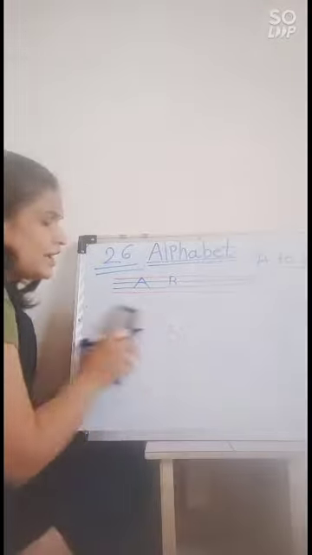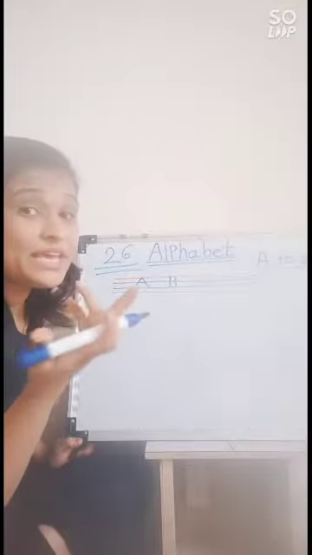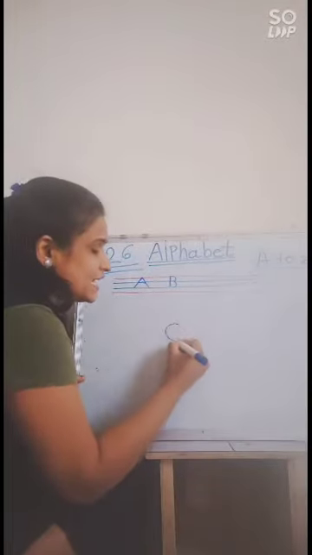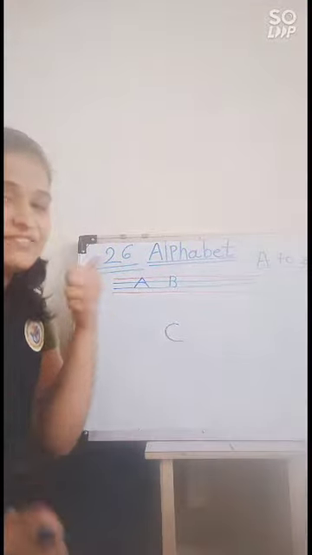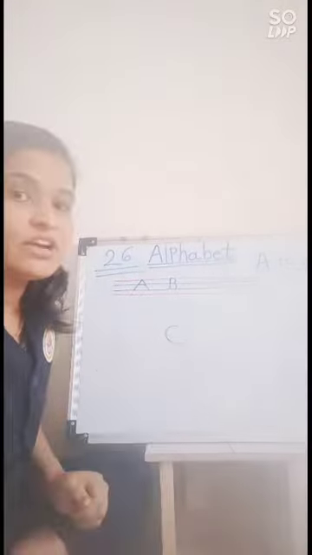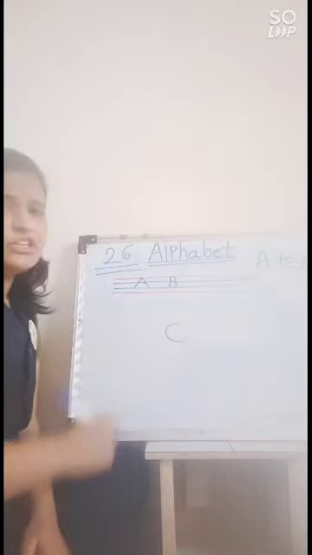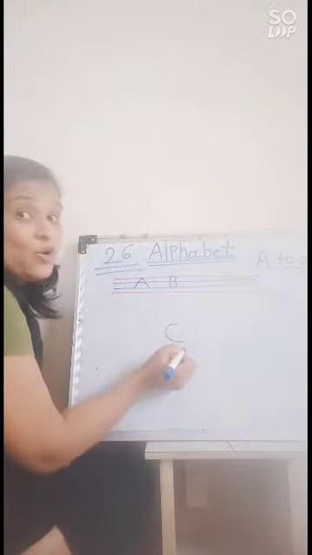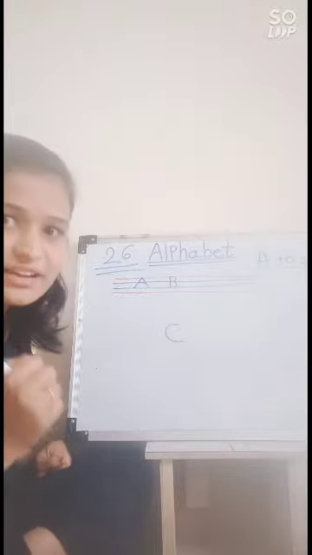Now can you tell me students, which letter comes after B? Yes, C comes after B. Very good. C for cat. So how can we write C? It is very simple. There is only one half circle.